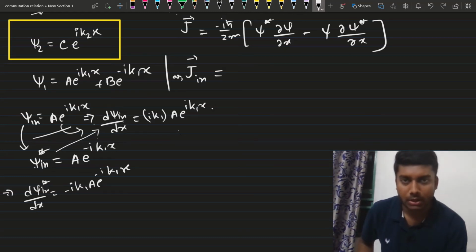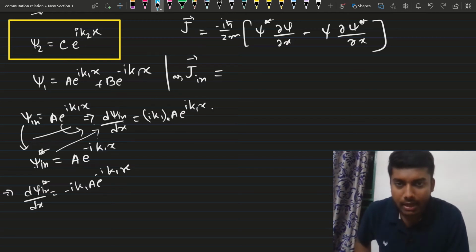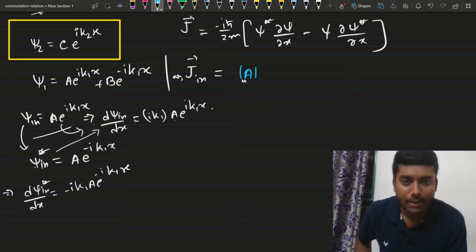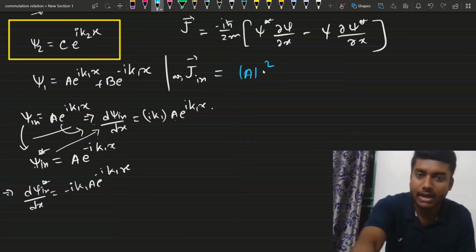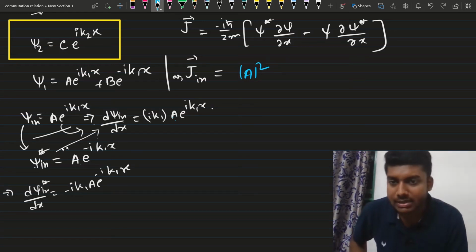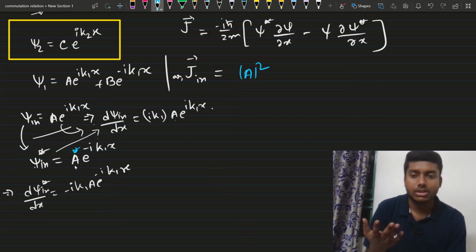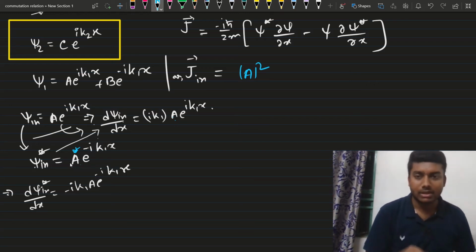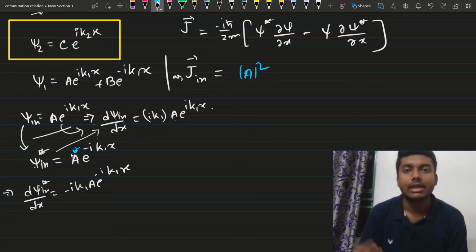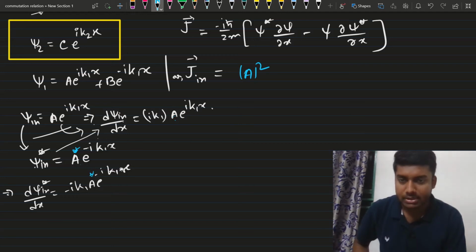This will be mod of A squared. Why am I writing mod of A squared? Because A can be a complex number, and then when you take the complex conjugate it will be A star, so A star into A is nothing but mod of A squared.